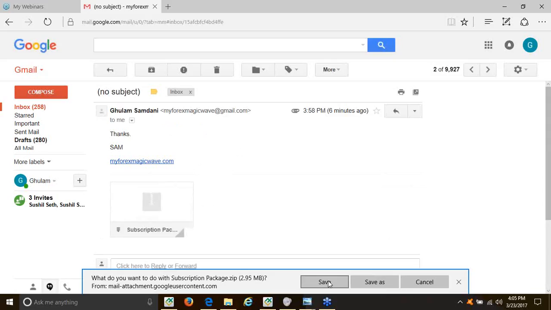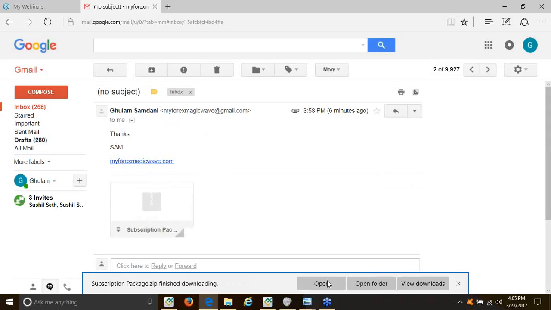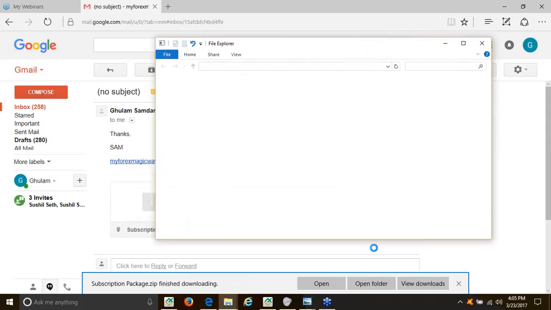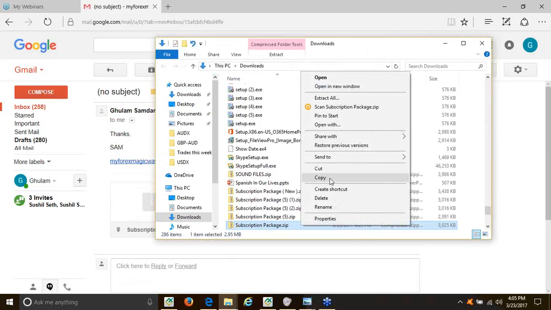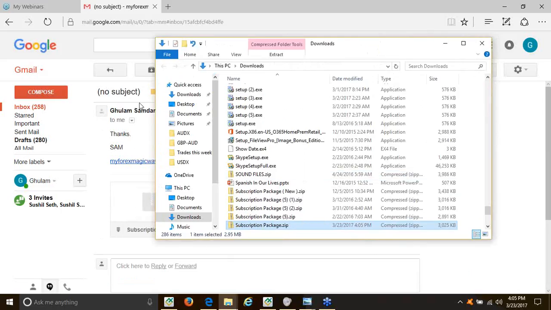And then I save it, and then it says open or open folder. I have Windows 10. So if it's open folder, let's see if I can open folder, and then you see it's right here, subscription package. I'm going to copy that by right clicking over it and then copy.